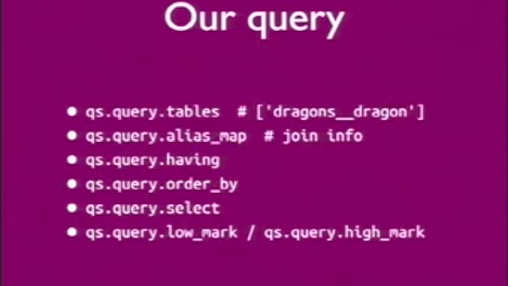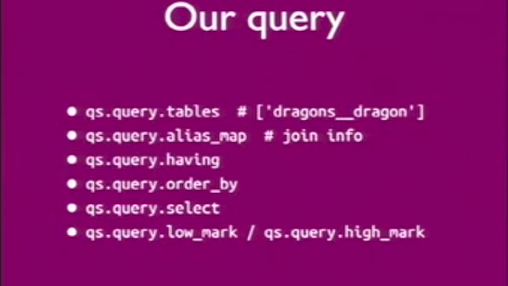There's a bunch of other information on our query, some of which we've touched on very briefly but haven't actually used, and others which we haven't used because the query is quite straightforward. So queries have got tables. It's just a list of strings that says which tables we need to interact with. In this case, it's just the one table, Dragon's Dragon. They've got an alias map that tells us about the join information.